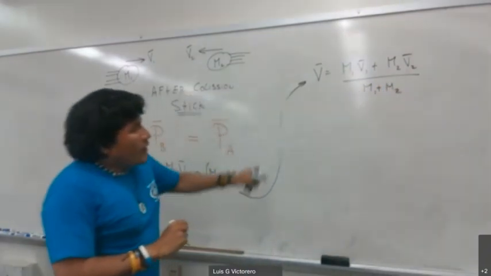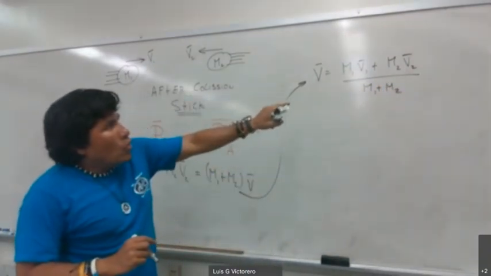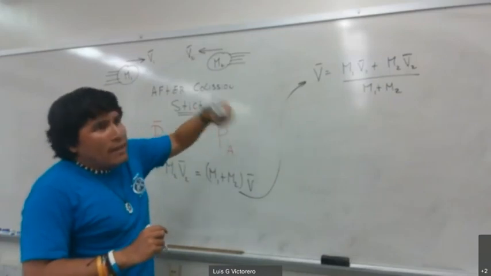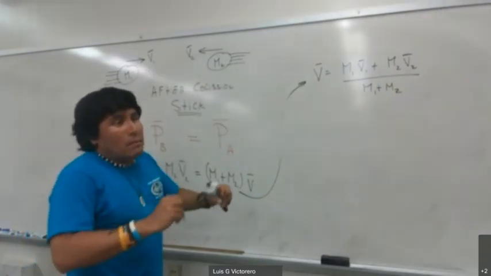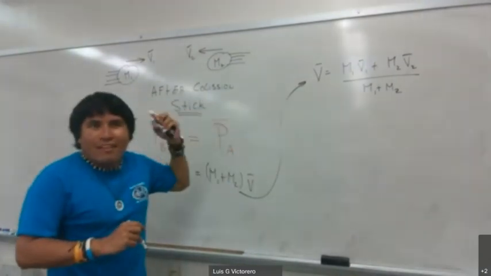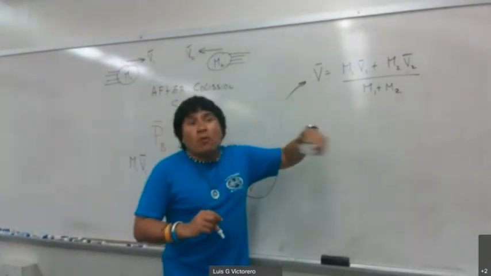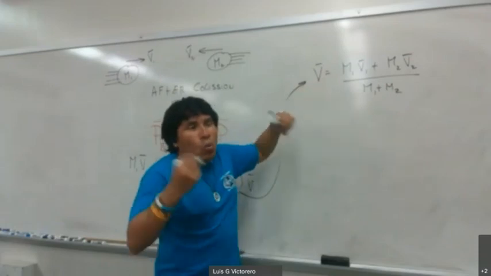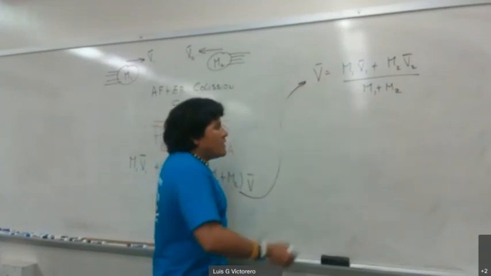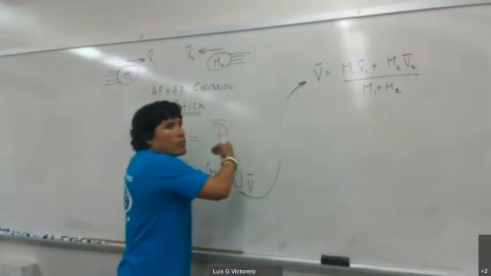Obviously, if V2 in terms of magnitude is greater than V1, but V2 is going to the left, so V2 will be more negative. So you may get a negative value of V. What's the meaning of a negative value of V? It's just that it's traveling.